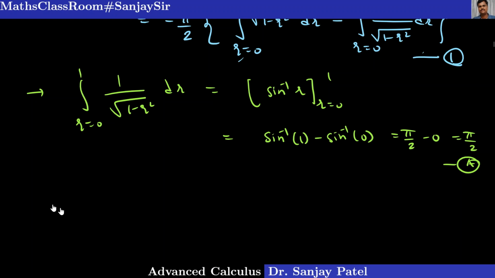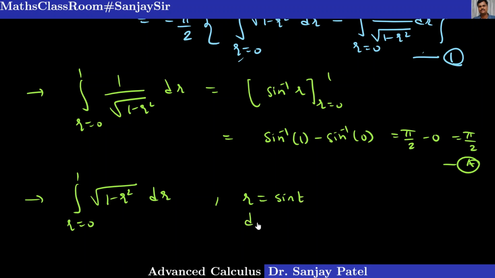I will take, for integral r is equal to 0 to 1 square root of 1 minus r square dr. We can use a formula, or let us use some substitution. I can take, say, r is equal to sine t, some new substitution.